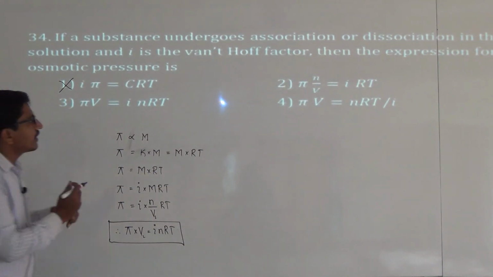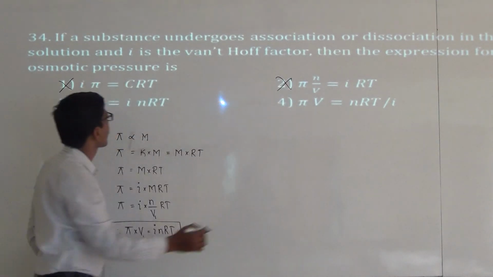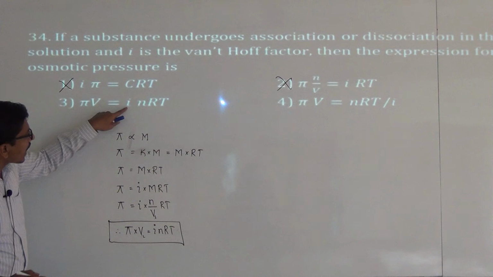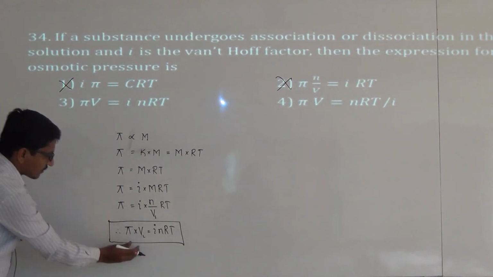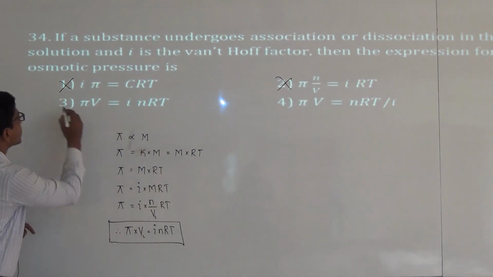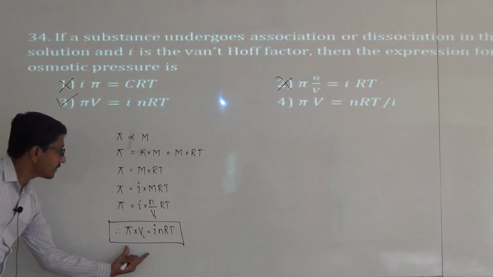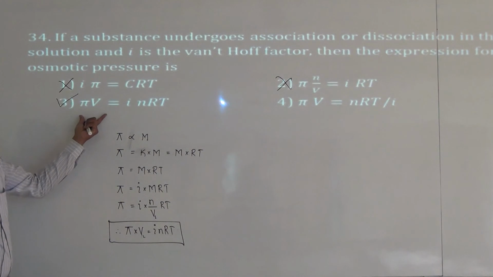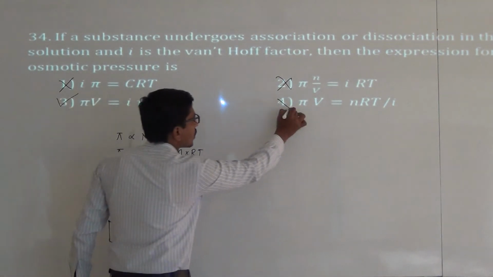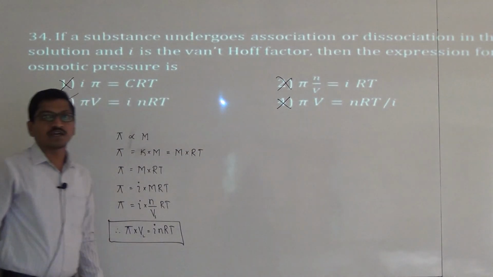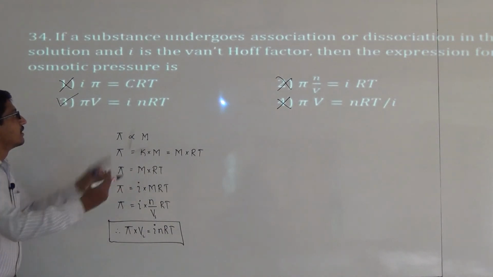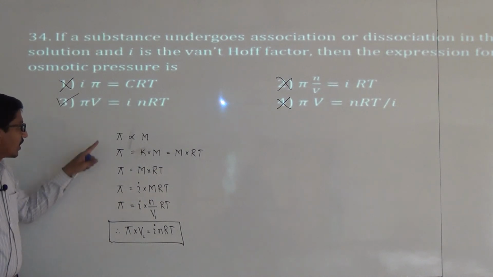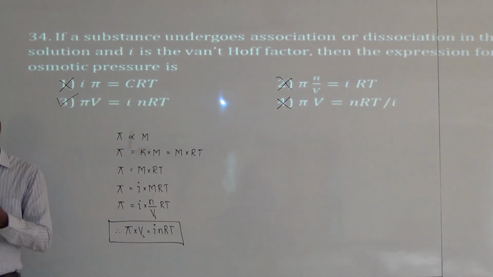And the third one is pi into V equals i into n into R T. We have derived the same expression, and the third option is correct. The fourth one is also wrong because the van't Hoff factor is multiplied on the right side of the expression, and the answer is the third one.